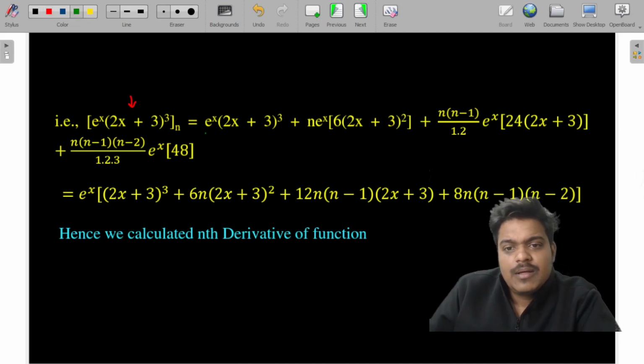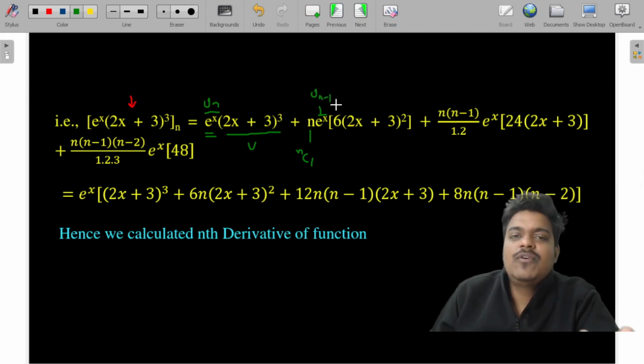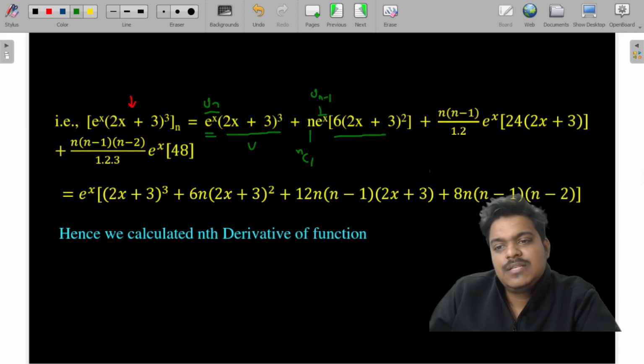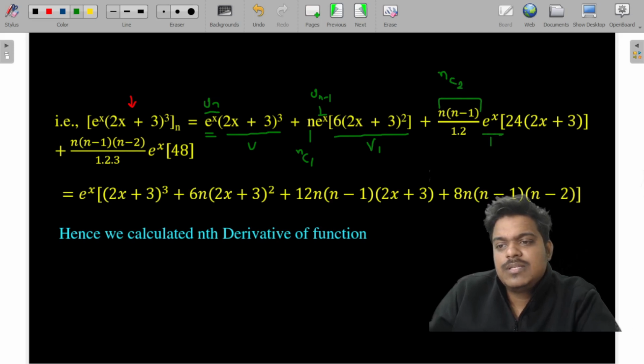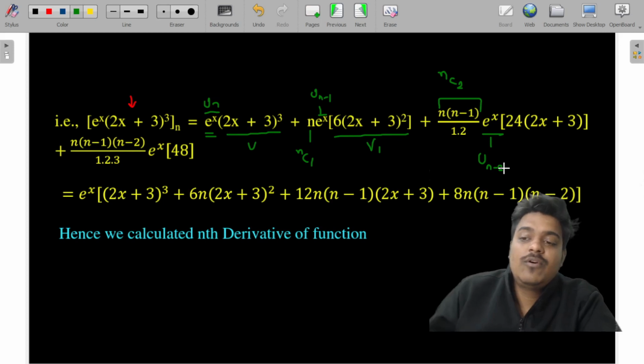Okay, u n, and this is v. Now this is nC1, nC1 is n, this is u n minus 1, that is the (n minus 1)th derivative of u. Any derivative of u will be e to the power x, and this is v1. Similarly we'll apply, this is nC2, this is u n minus 2, that is the (n minus 2)th derivative of the u term.